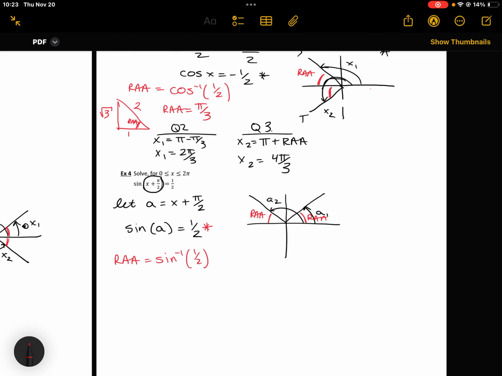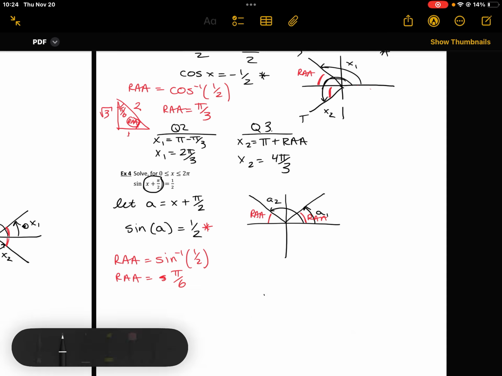I actually already have it up here. The first one that I did in example 3 was pi over 3 was my related acute angle. I'm actually looking for the opposite angle here because I need my sine ratio to be 1 over 2, which means the opposite side is 1. So this tells me that my related acute angle is pi over 6.